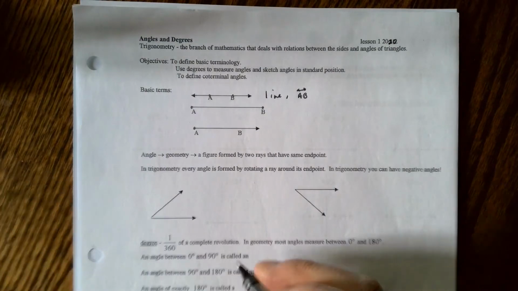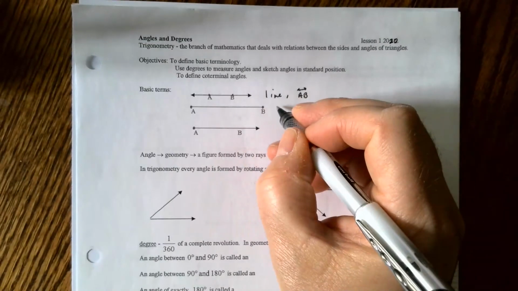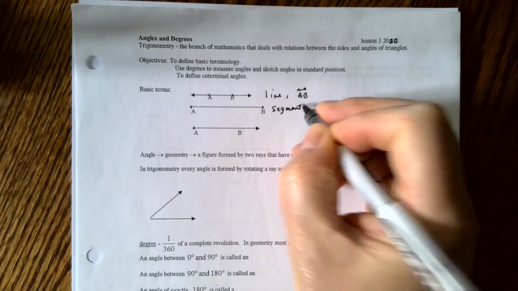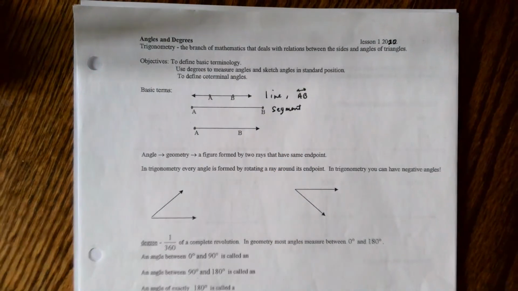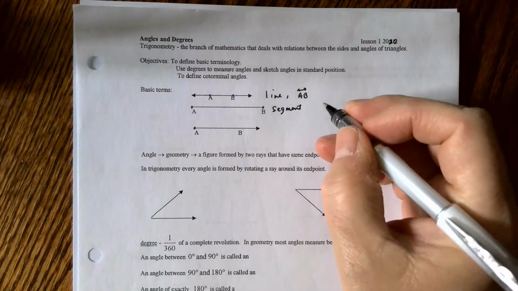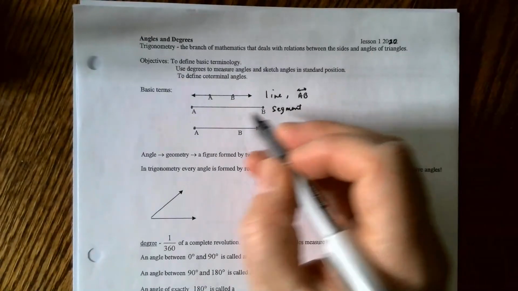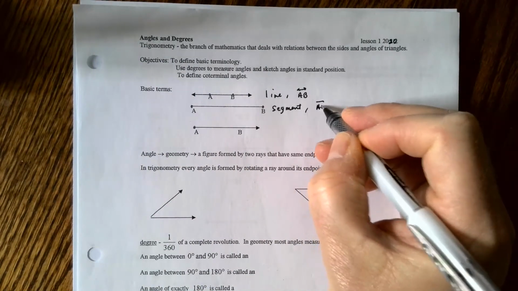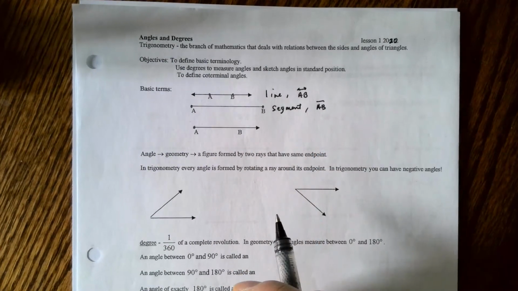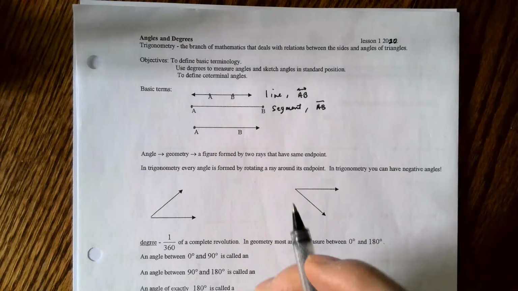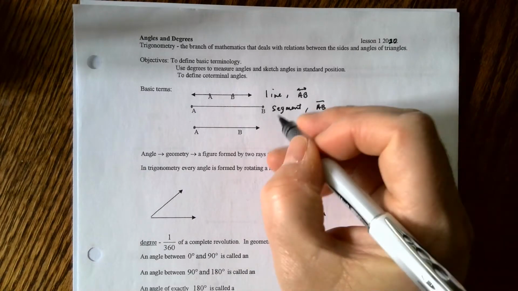The second image that you see is called a segment, which is basically a piece of a line. Notice that the arrows don't go on forever, but there are still 2 points, and so we're once again going to use our capital letters to denote the 2 points in our line segment. And then the next one, of course, is a ray.